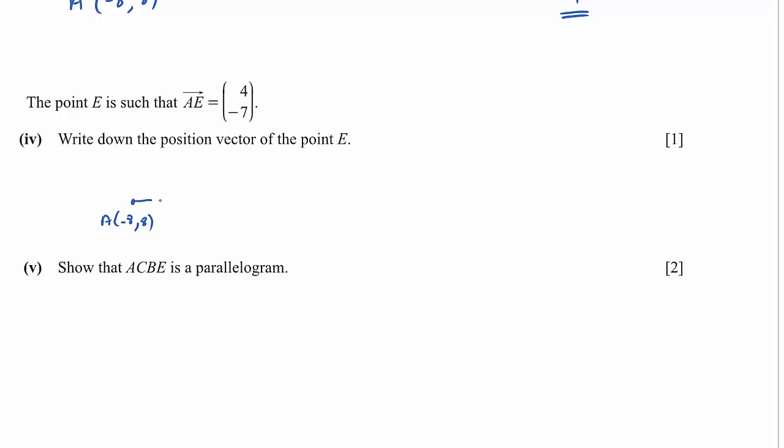To go to E, we'll go 4 this way and 7 this way, which will take me to (-4, 1). So the position vector of E is going to be (-4, 1).